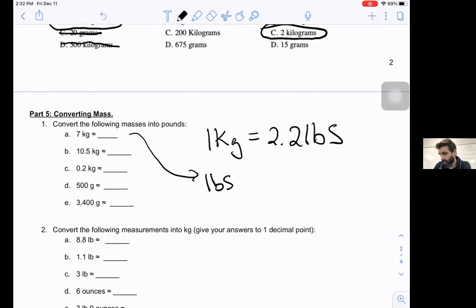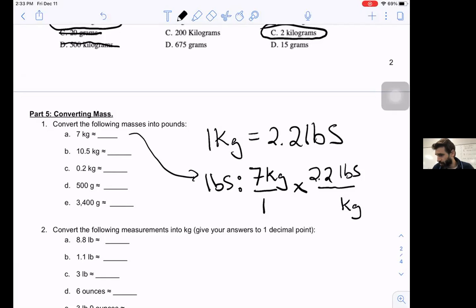Pounds is what we're looking for. The very first thing is we put the piece of information that we have, which is 7 kilograms. We put that over 1. We multiply by our conversion factor, and we put pounds on top and kilograms on the bottom, and we know there are 2.2 pounds per 1 kilogram.